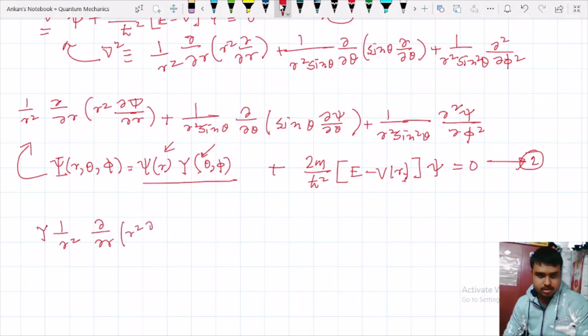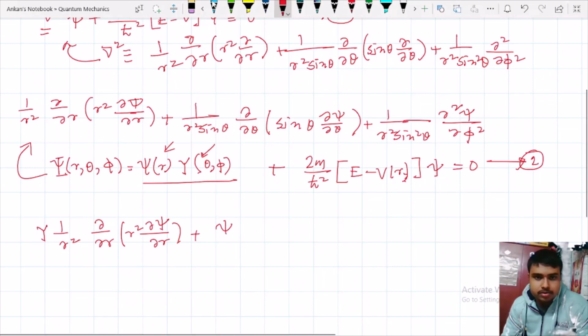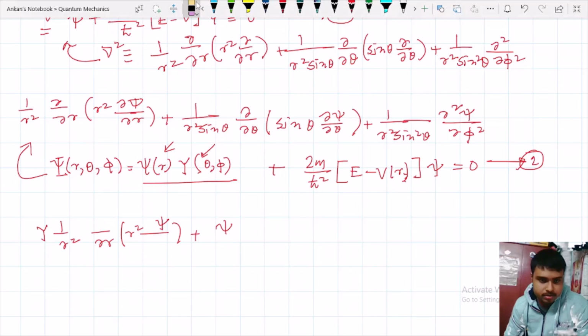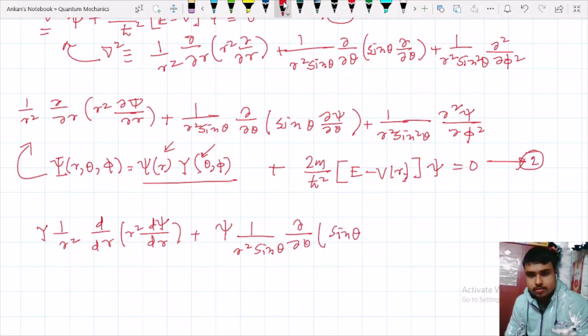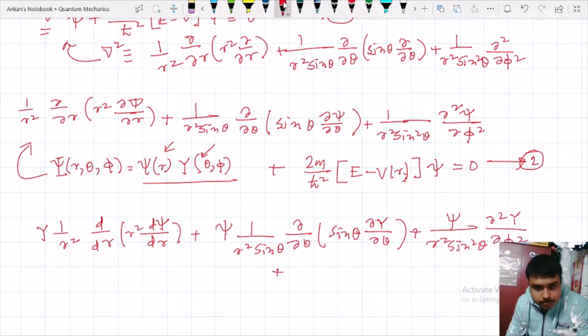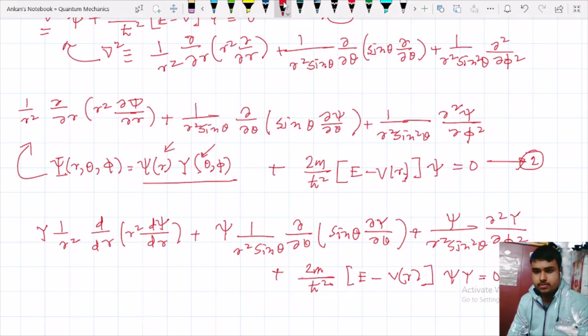Here Y is constant, r square d psi/dr plus, here psi is constant, and here will be the total derivative. This is equation number 3.